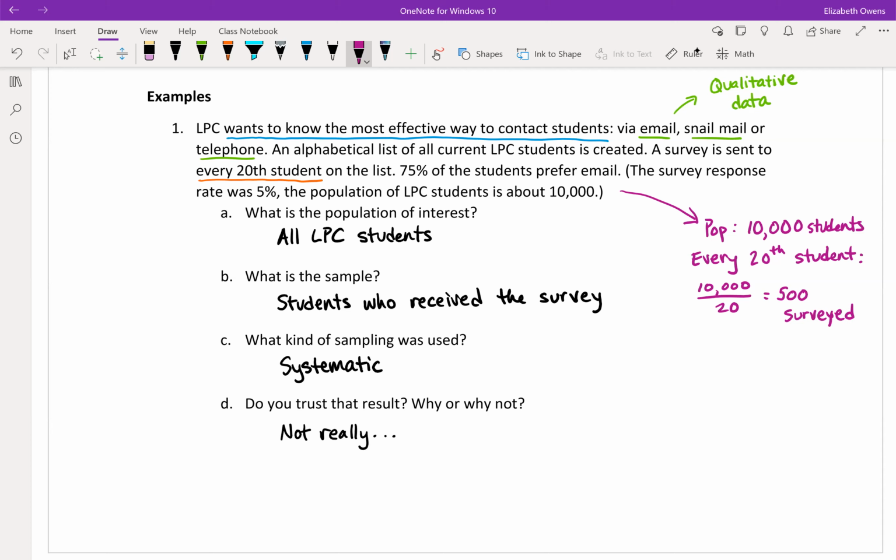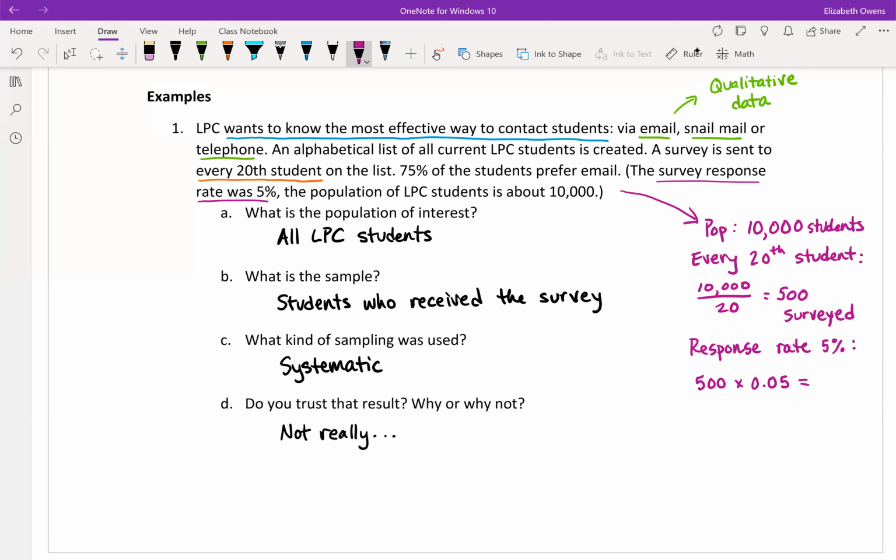Okay, so 500 students got the survey, and that's not too bad. But then bring in that response rate. The survey response rate was 5%. So only 5% of these people actually sent in a response. Response rate of 5% would take our 500 people who got the survey times our percentage, 5% as a decimal is 0.05.